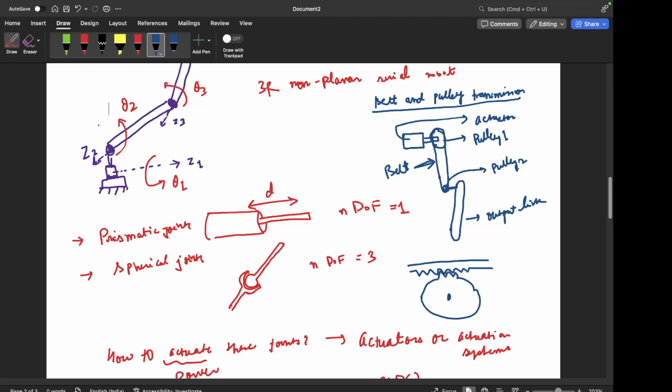So, what I understood from the question is that if we mount the link directly on the actuator, then the link can rotate 360 degrees. And if we mount a transmission, then it might restrict the motion of the output link. But that won't be the case in general, unless there is some other mechanical constraint, like your link interacting with some other part of your assembly and not being allowed to move.